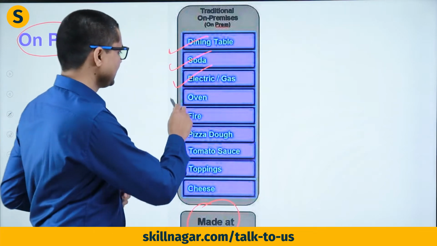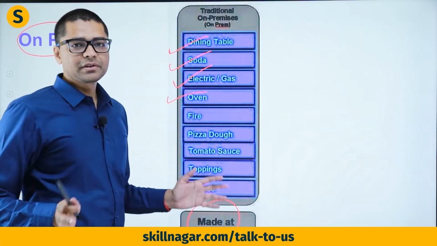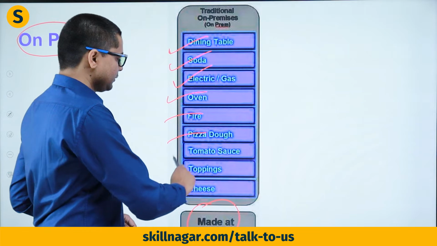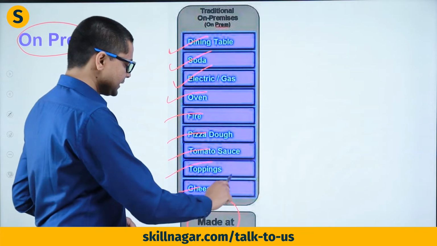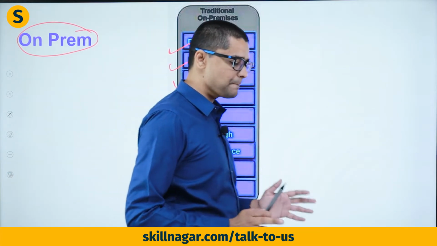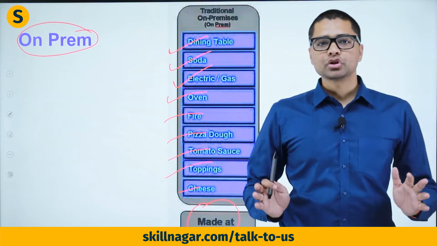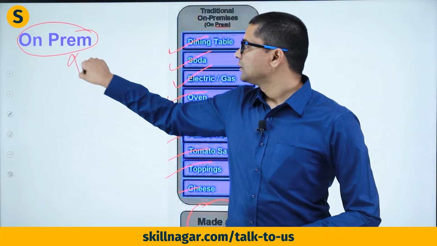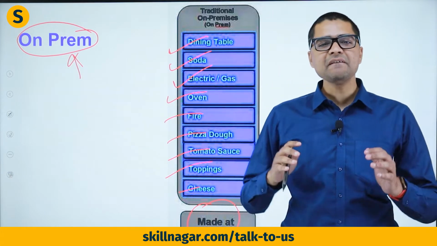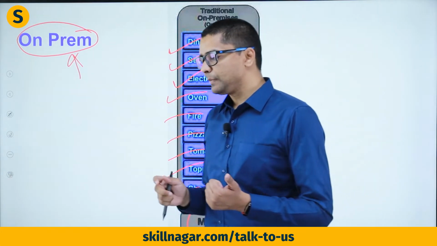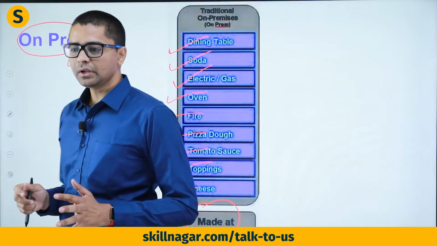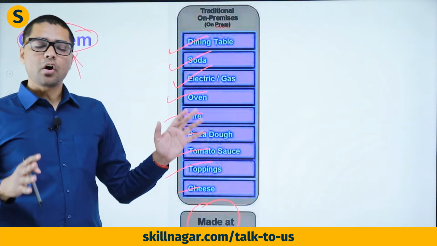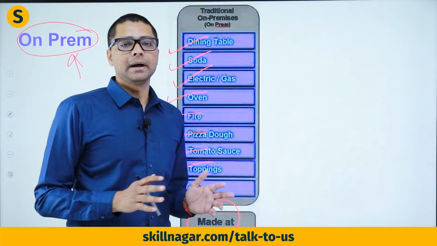The oven should be managed by me, fire, pizza dough, tomato sauce, topping, cheese, everything has to be managed by me. So this is what we call on-premises, where I'm managing everything related to my application or my infrastructure, so all the burden is over my head.